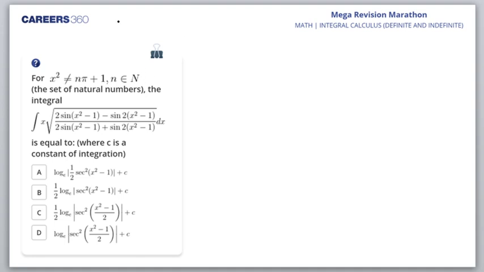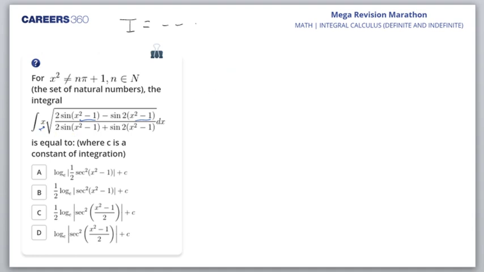So we have the integral as whatever is the question. What I do here, I realize that if I substitute x square minus 1 as some value, because x square minus 1 is here also, x square minus 1 is here also, or everywhere x square minus 1 is there, and its derivative is 2x.